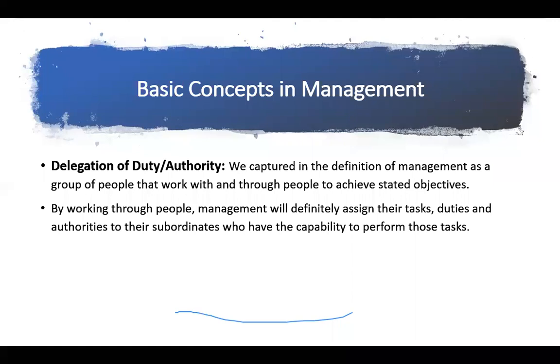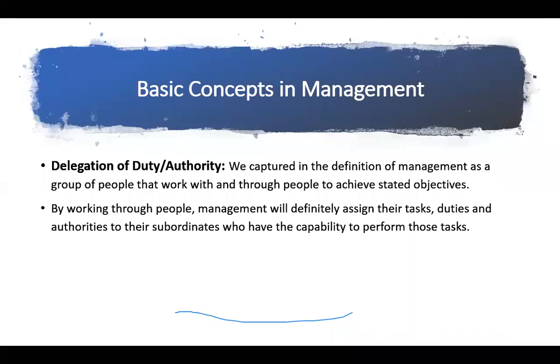So the first underlying requirement is that whoever you are delegating duties to should have the capacity to perform those duties. The next thing is that whatever you are delegating, which is the duty now, you have to delegate commensurate authority.